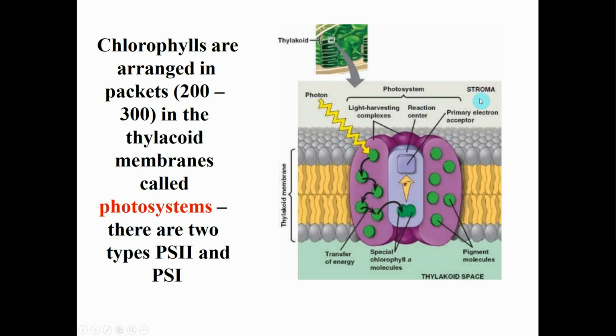It's going to get passed on to various complexes down the electron transport chain to the next photosystem, which is photosystem 1. Once it reaches photosystem 1, the chlorophylls there, which absorb at a bit of a lower energy level, will increase the electron's energy again, and it's going to go down the electron transport chain again.